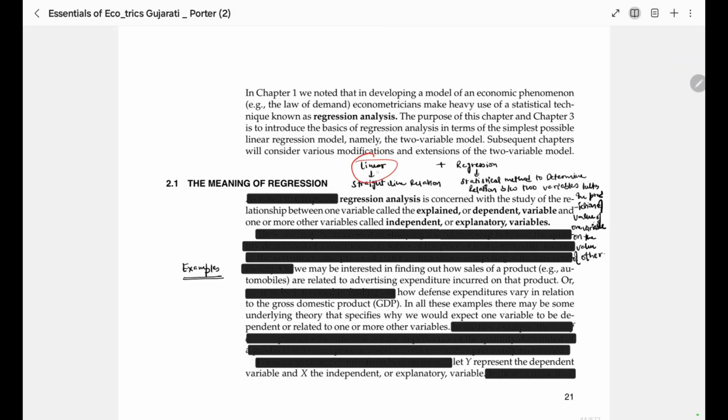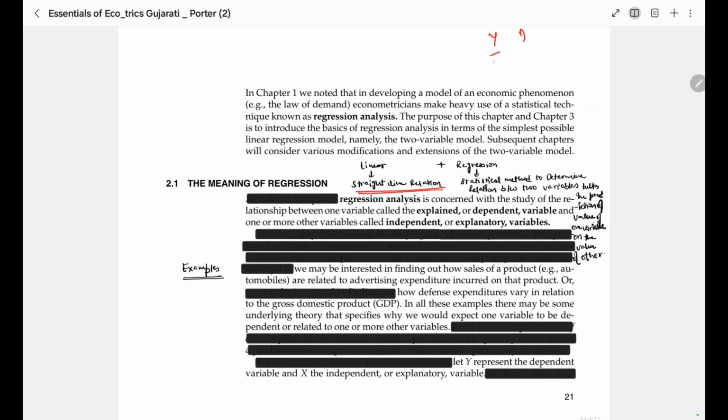So linear in linear regression means a straight line relationship. Linear means a straight line relationship between the variables. That is what linear means, we all know that. Then regression basically means that there is a relationship between the two variables, and with the help of this relationship we can find the value of one variable from the values of the other variable. Say for example, we have income and demand.